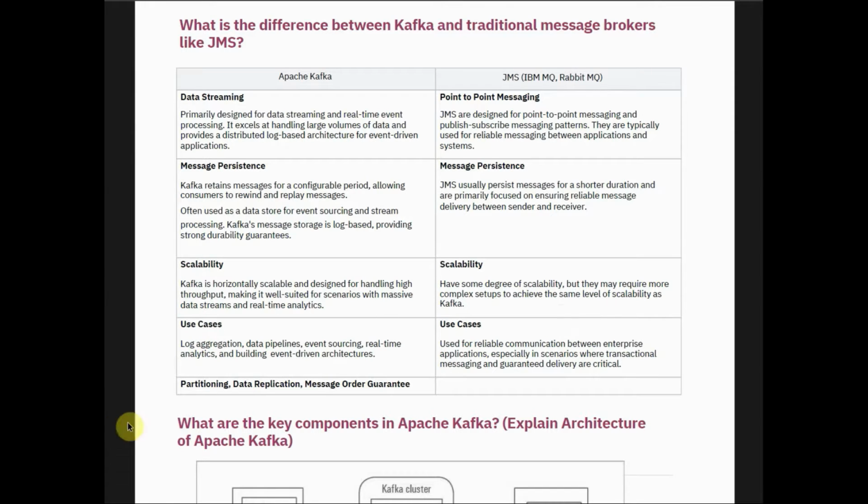Some of the new features which Apache Kafka offers are partitioning, data replication, message order guarantees. These are some features which JMS doesn't offer. That's why in today's world, for handling a large volume of data and for low latency applications, we prefer Apache Kafka.